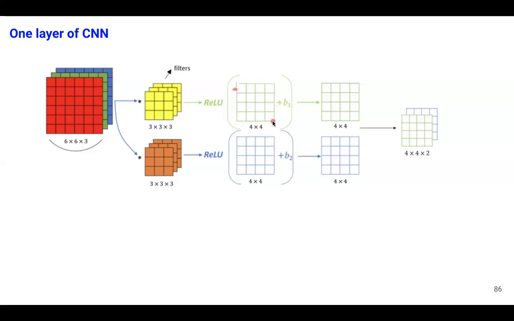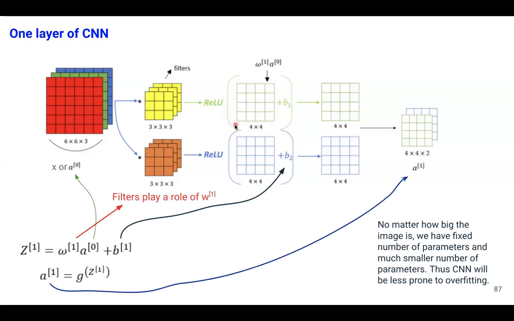What we have inside this filter is playing the role of W. The filters actually play the role of the W that we discussed when we were discussing DNN. The convolution operation of taking a filter and multiplying it with the input image is as if we are doing a W1 times A0 kind of operation.